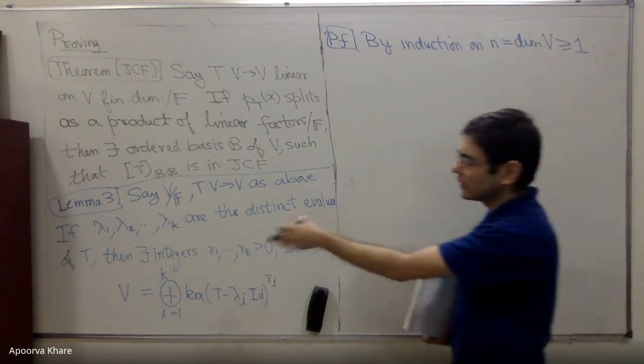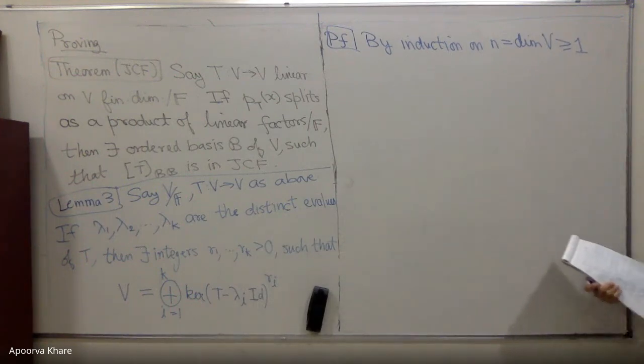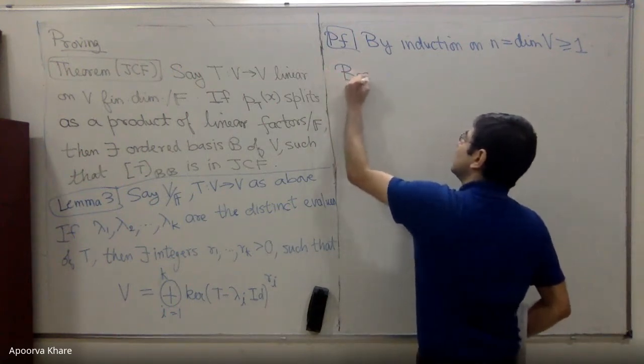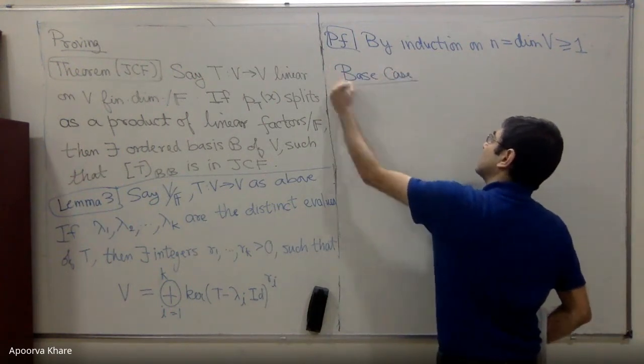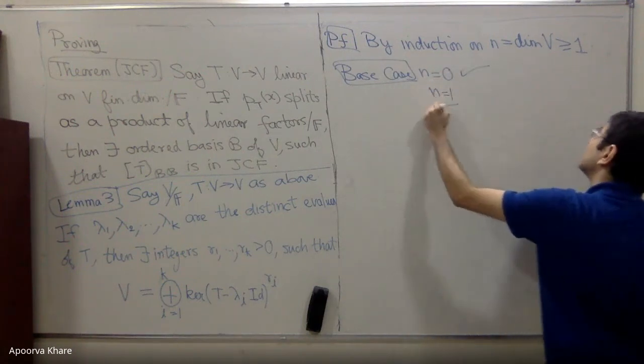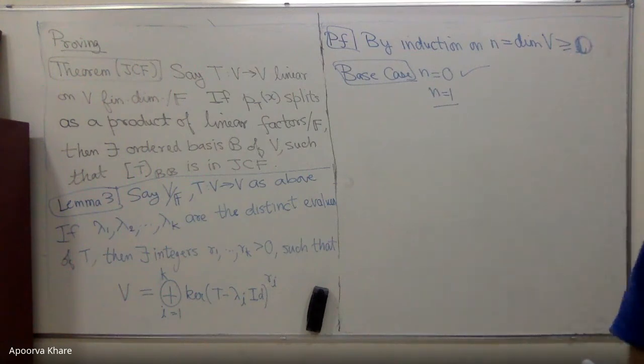If n equals 0, then it's obvious, so I don't even mention it. So let's just do the base case of n equals 1.